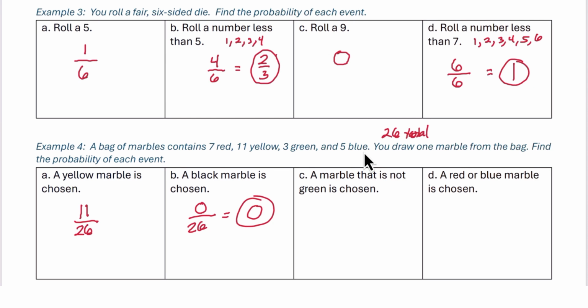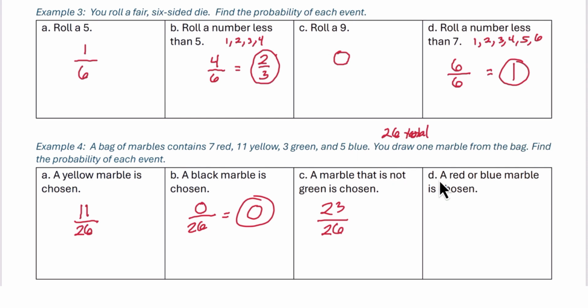Part C, a marble that is not green is chosen. Not green. So we want to count the number of marbles that are not green. 7 plus 11 is 18. We don't want green. 18 plus 5 is 23. So there's 23 ways to get a marble that is not green divided by a total of 26 possible outcomes.